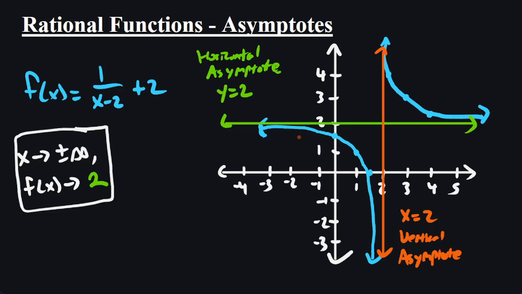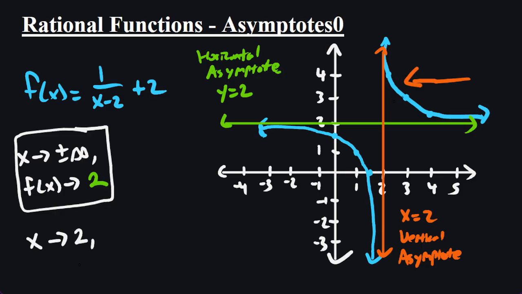What's important about this is that as x approaches 2, f of x experiences some interesting behavior. As x approaches 2, it depends on which side we come at it from. If we're coming at it from the right side, as x approaches 2 from the right side, f of x goes all the way up to positive infinity.